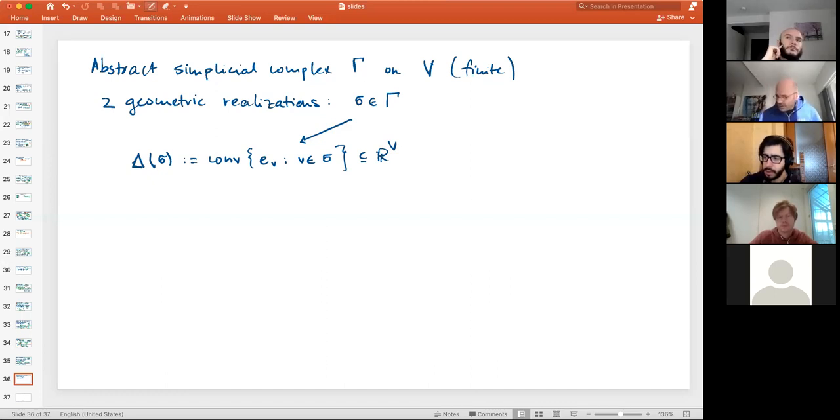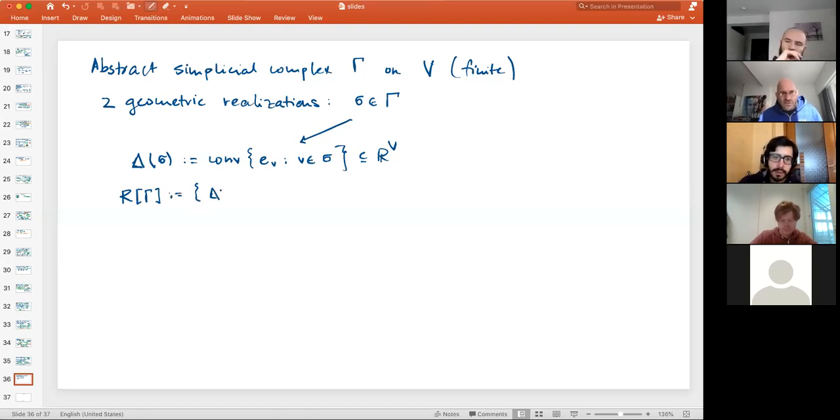But okay, now maybe we should call this R for realization. So R of gamma is this geometric simplicial complex.